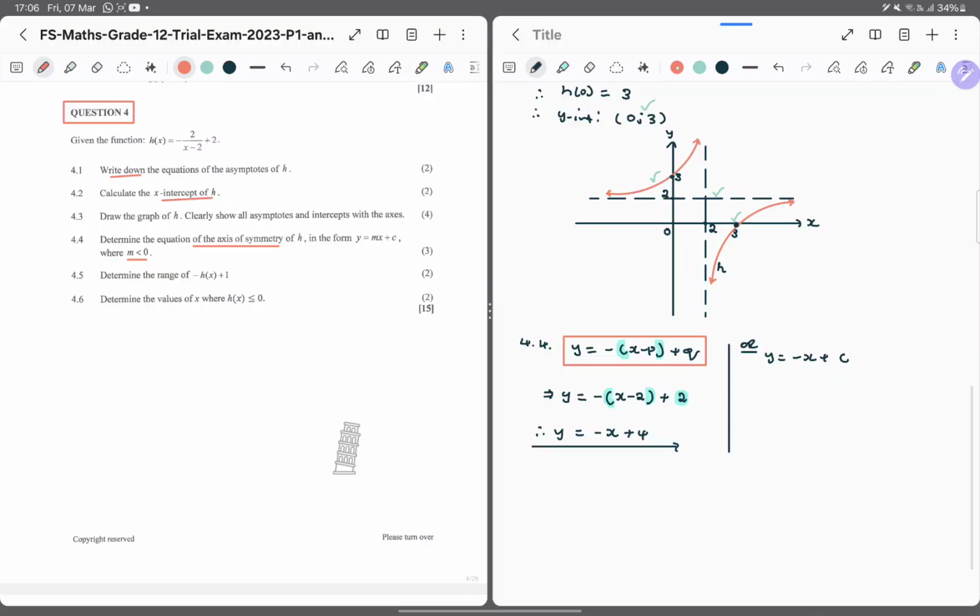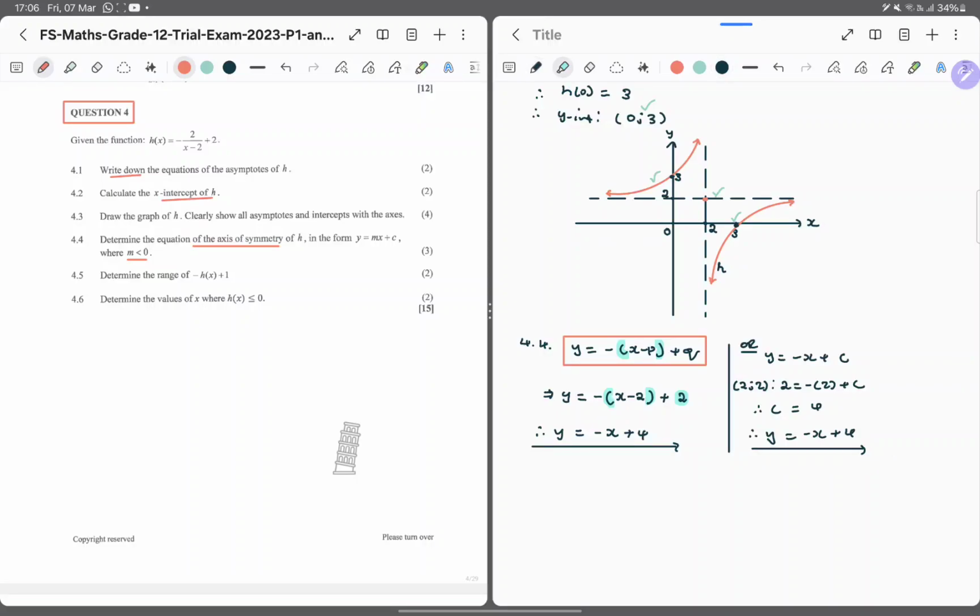Then we substitute the point of the intersection of the asymptotes, which is the center of the hyperbola. So we will write here with this point (2; 2), 2 is going to be there, minus into 2 plus c. Therefore c, transpose that, becomes 4. We can say therefore the equation is going to be y equals minus x plus 4.